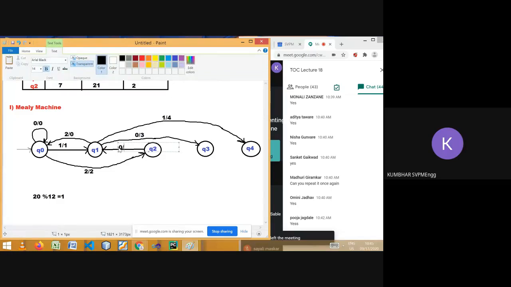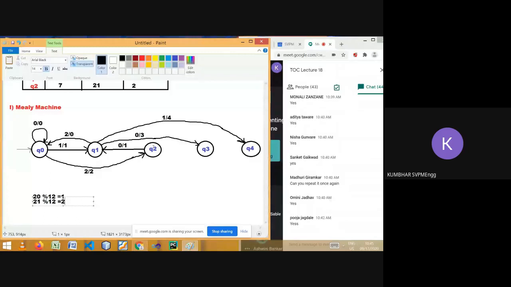I hope you are all with me. You are getting this. Next, 2 is already there and input is 1. So 2 1 means 7. 7 mod 5 means 2. So the remainder will be 2. So Q2 to itself.